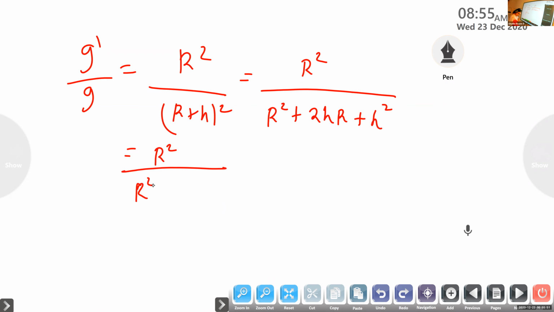In the denominator you will get R square times 1 plus 2hR. 2hR doesn't have an R square, so to take it out we have to divide and multiply with another R. Similarly, h square also doesn't have R square, so we take it out like that. I hope you understood.